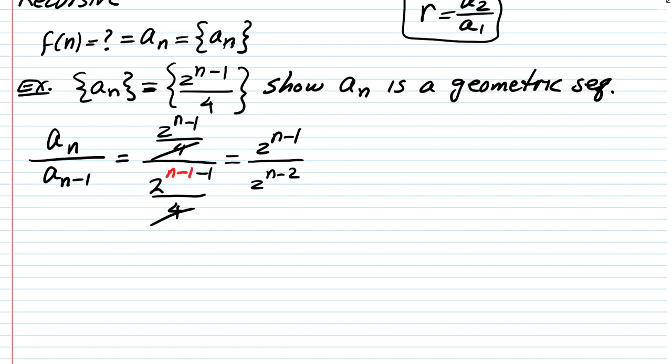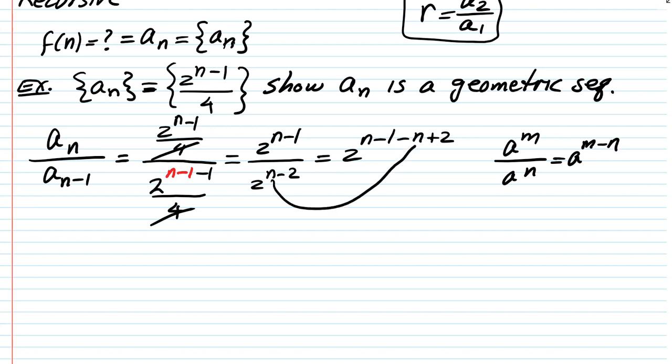And let's see, for this one, I can actually work this now. Using the properties of exponents, I'm using this rule of exponents: a to the m over a to the n is a to the m minus n. So n becomes negative n, negative 2 becomes 2.